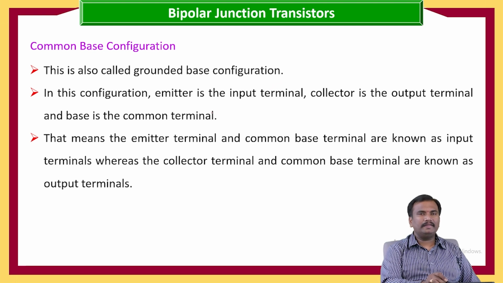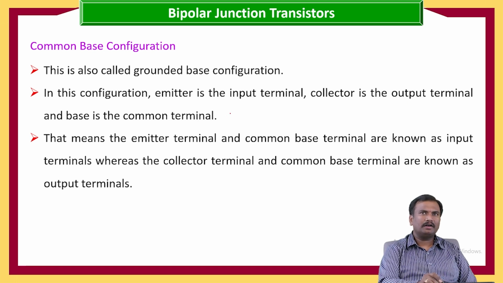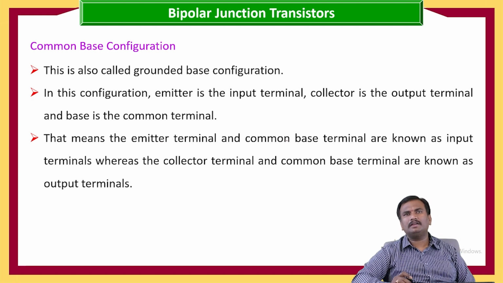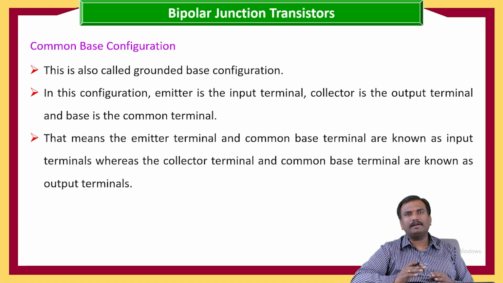terminal. And in this configuration, emitter is the input terminal, collector is the output terminal, and the base is the common terminal. That means the emitter terminal and common base terminal are known as input terminals, whereas the collector terminal and common base terminal are known as the output terminals.